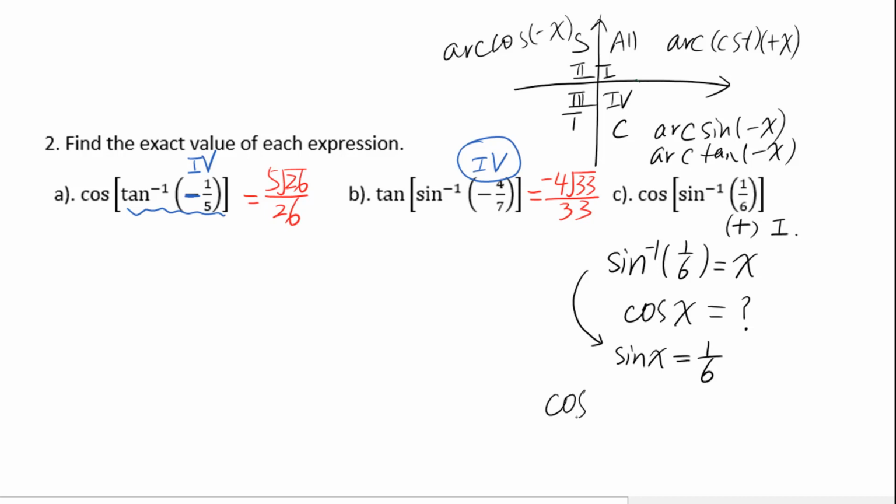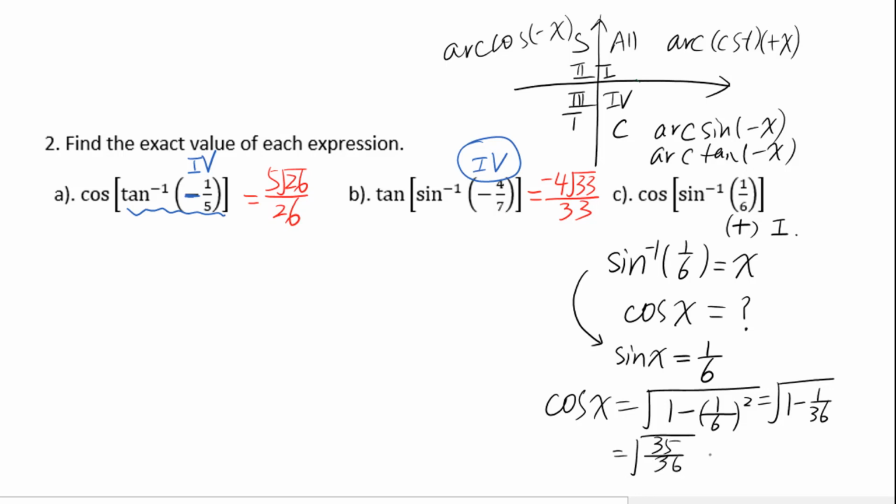Then cosine x equals square root of 1 minus 1 over 6 squared. So you get square root of 1 minus 1 over 36. You will get square root of 35 over 36. That is the square root of 35 over 6. So your final answer will be square root of 35 over 6.